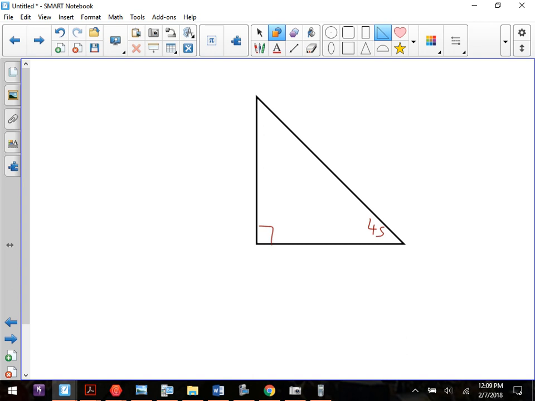Now I'll do another one with that across from the 90. Let's say across from the 90 is 11. Well, I always write out my jig, if you will.